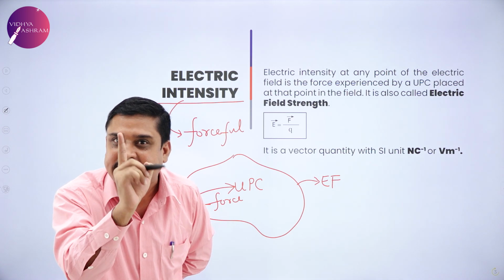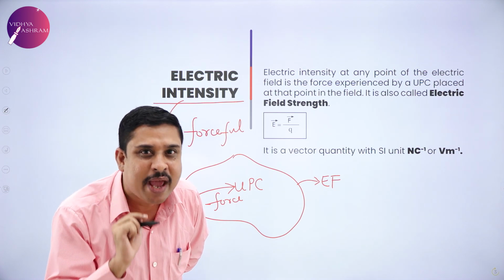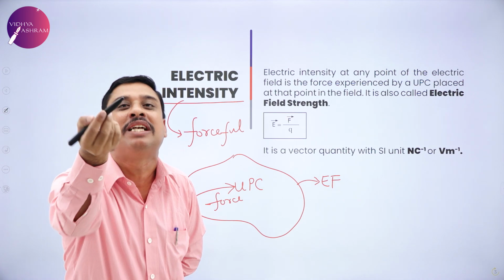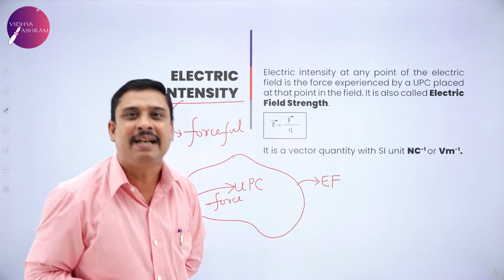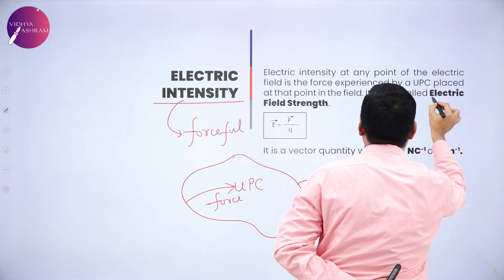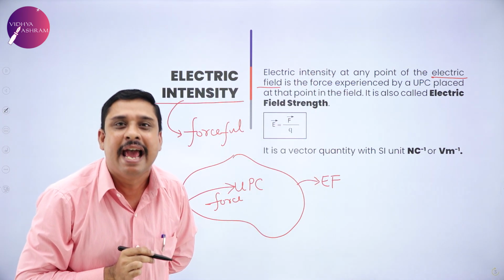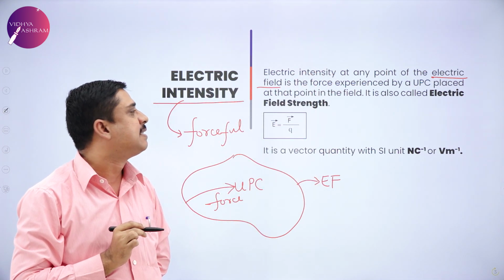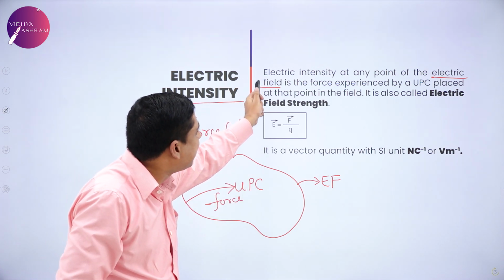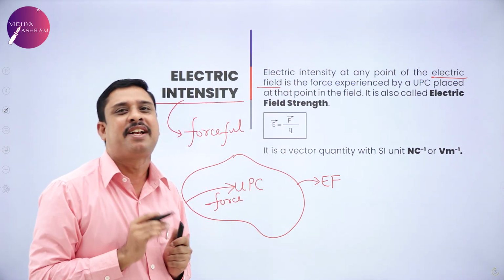We said, for it to be called an electric field, that region has to exert some electrical force on the charge, and the simplest understanding says this electrical force itself is what we call electric intensity.